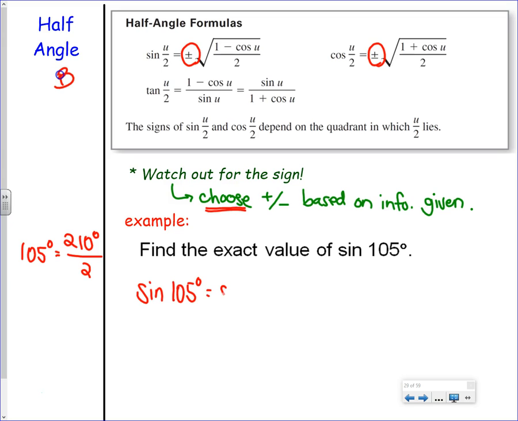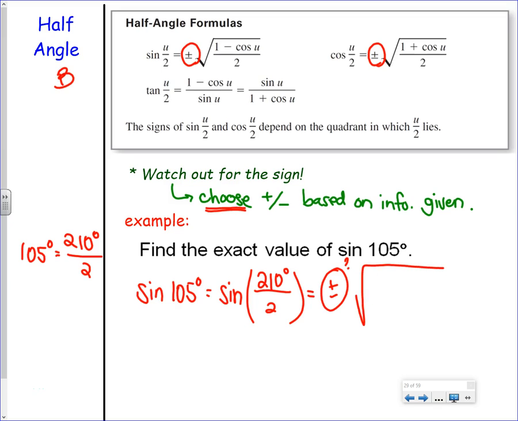We're going to say, oh, that's the same thing as sine of the half angle of 210, and then we're going to come up to this formula and say, okay, u is equal to 210. Let's solve, solve, solve. The plus or minus, I'm in a circle because we need to choose that. I'm going to put a little question mark. Plus or minus, we have to choose that when we're done.